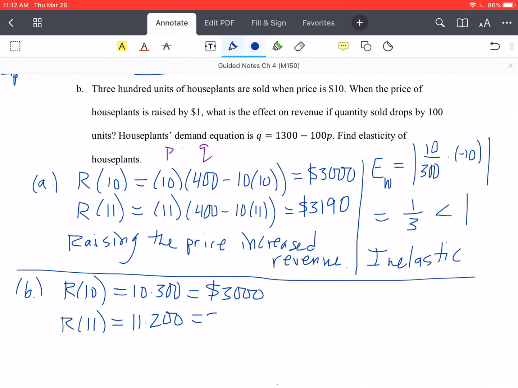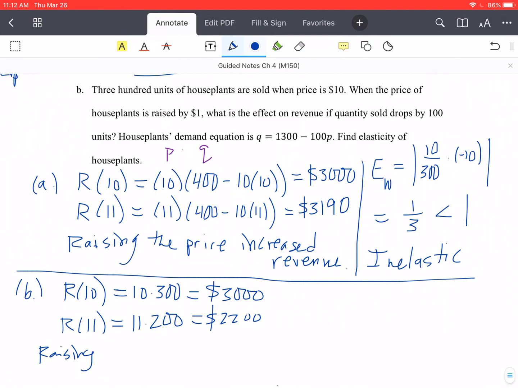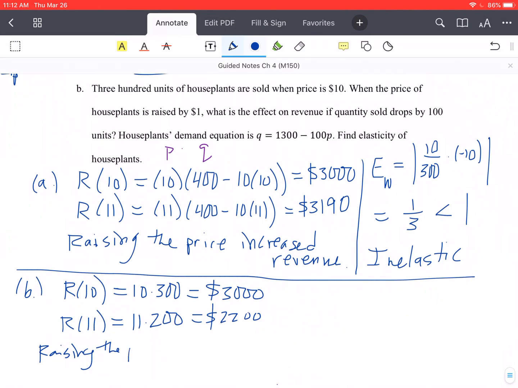So that's going to be $2,200. So in this case, raising the price actually decreased revenue.